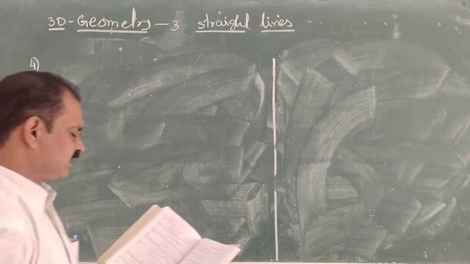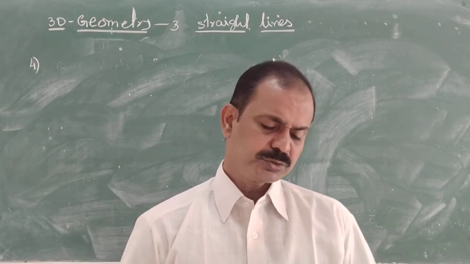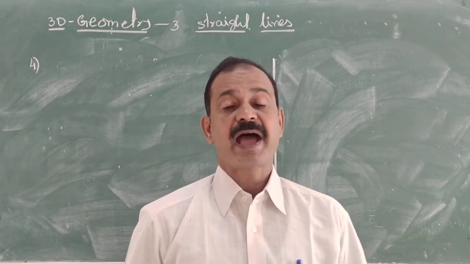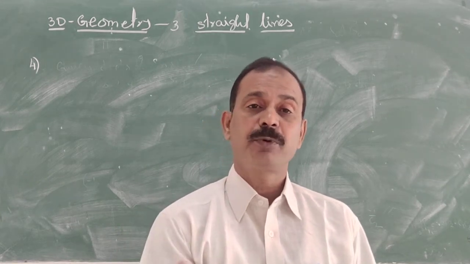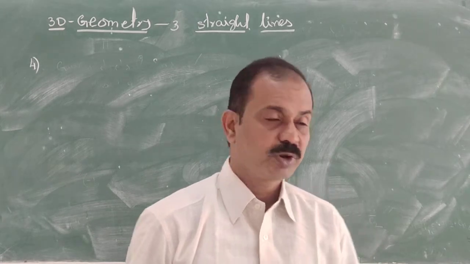Next problem is find the equation of a line passing through the point and parallel to a vector. When passing through the point and parallel vector is given, we know directly what is the formula.